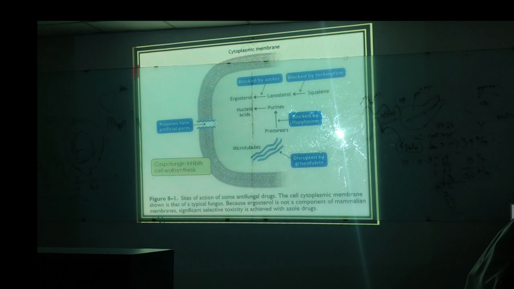And then griseofulvin will be disrupting the microtubule assembly, so there will be inhibition of fungal mitosis. Then the polyenes, your amphotericin B and nystatin, will bind with the ergosterol, so there will be formation of a pore or opening wherein the contents of the fungal cell will be extruded out, killing the fungi.